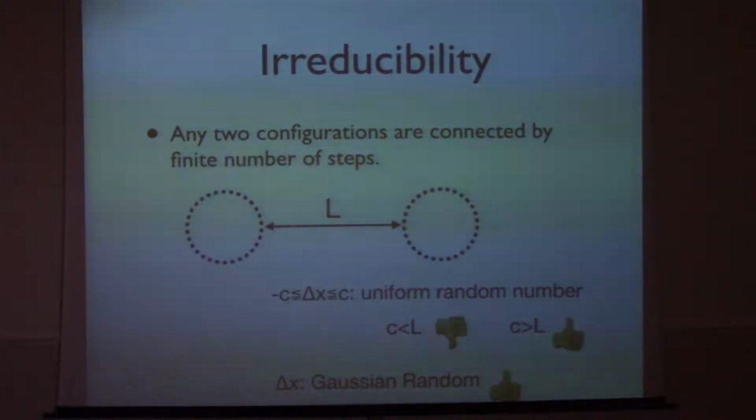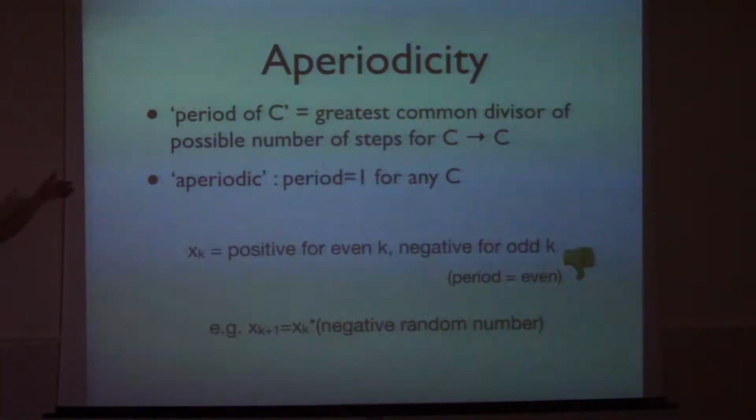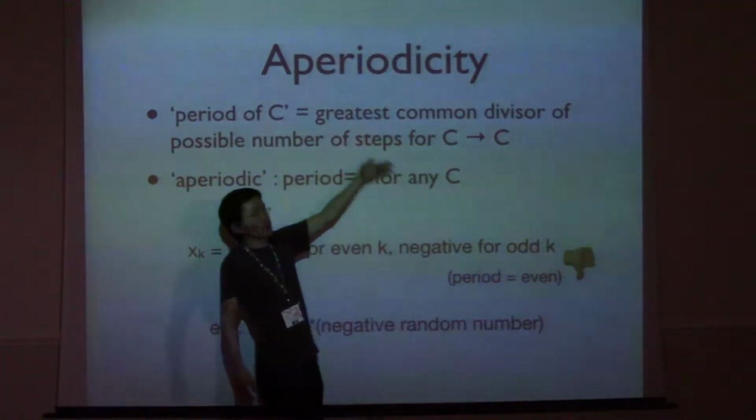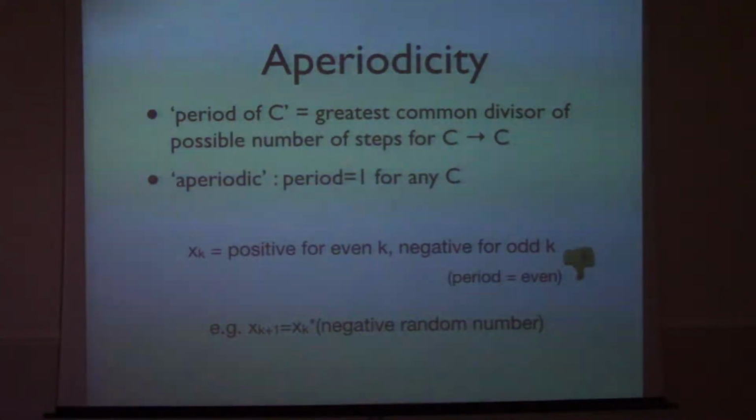So if delta x is 0, the next step is just itself. And if delta x is non-zero, it goes to something else, but in the next step it may come back. After 2 steps it may come back. So starting from configuration C, you can come back to the original configuration with any number of steps. So the greatest common divisor is just 1 in that case. And aperiodic means the period is 1 for any configuration.